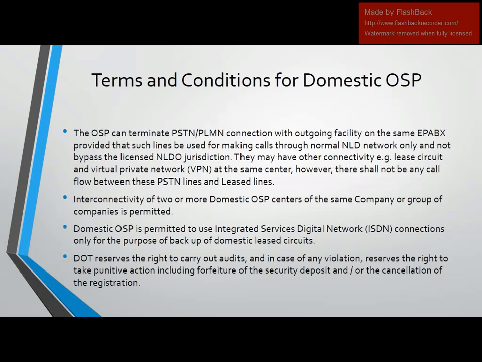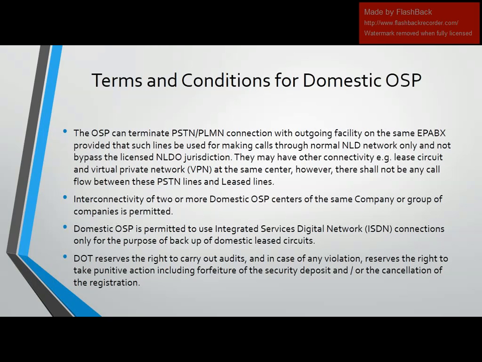Now, I will be discussing the terms and conditions for domestic OSP. The OSP can terminate PSTN or PLMN connection with outgoing facility on the same EPBX, provided that such lines be used for making calls through the normal NLD network only and not bypass the licensed NLDO jurisdiction.